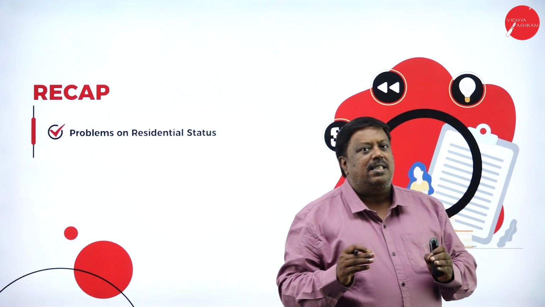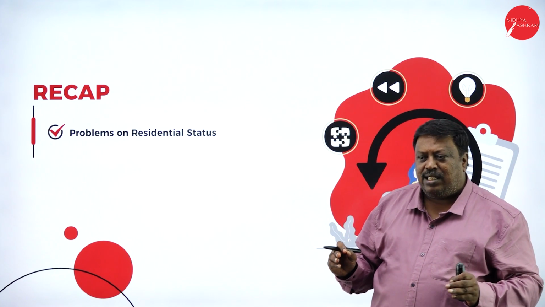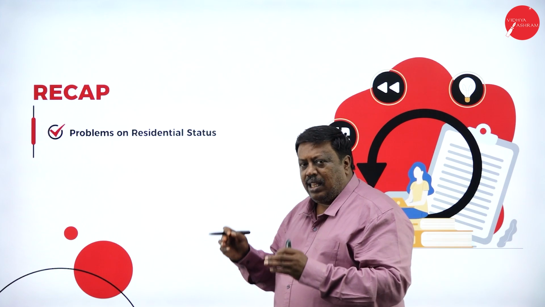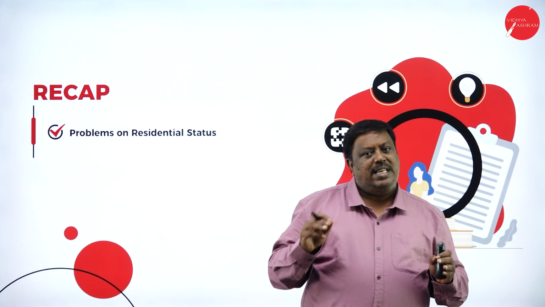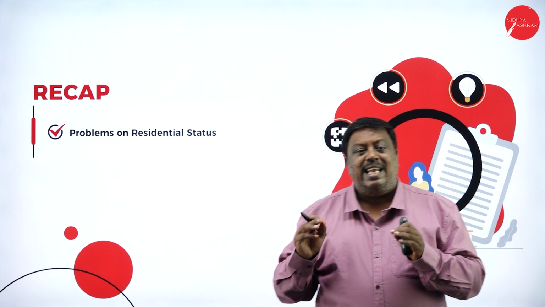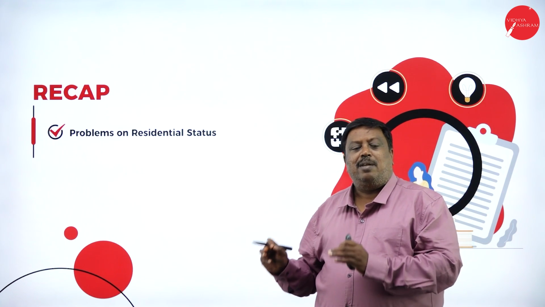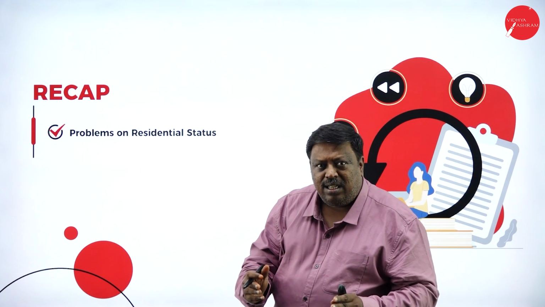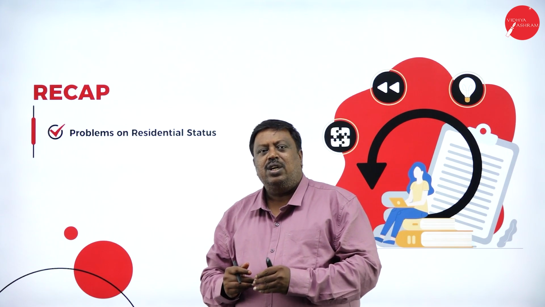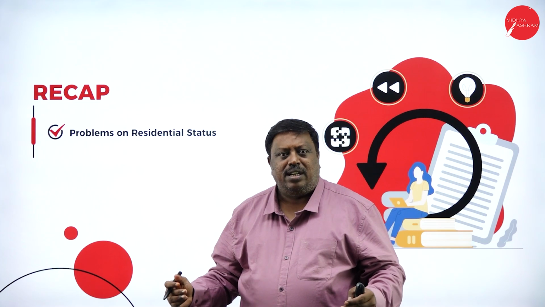When any person doesn't satisfy both the basic conditions, then he will be called a non-resident for previous year. Only for Income Tax Act purpose, he'll be called a non-resident or resident. If he is a resident, we have to determine whether he is an ordinarily resident or not ordinarily resident.